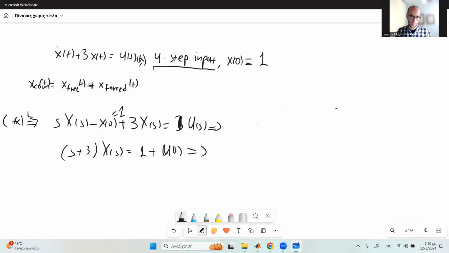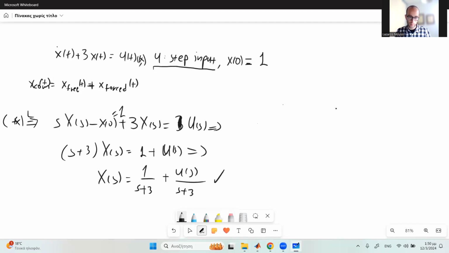And now we will obtain this 1 over s plus 3 plus u of s over s plus 3, right? And you will actually see that these two terms are the exact same terms that I obtained in my previous slides. So pretty much if I apply the inverse Laplace transform here, I will obtain the exact same solution, which is the summation of the two solutions found previously, right?